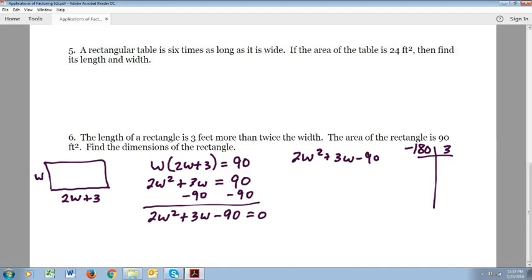So we need two numbers that multiply to negative 180 and add up to 3. So you're definitely going to want to spend a little time on your calculator to help you get all the factors here. The ones that work are 12 and 15. Again, these should have opposite signs because they multiply to negative 180. And they need to add to a positive number, so let's make the smaller one negative. So negative 12 and positive 15 are the numbers that work. So let's go ahead and split our b term.